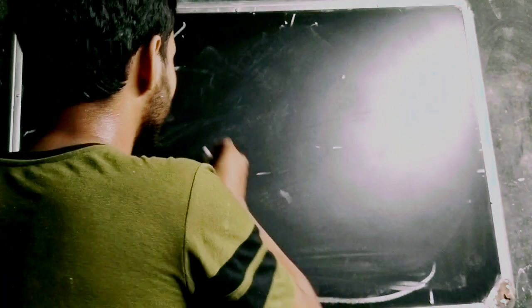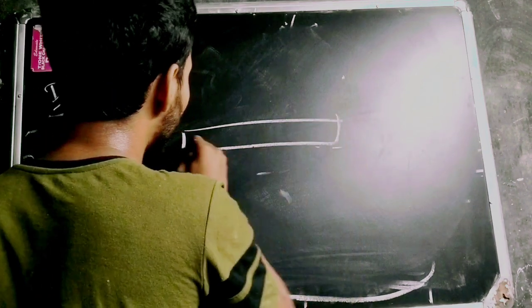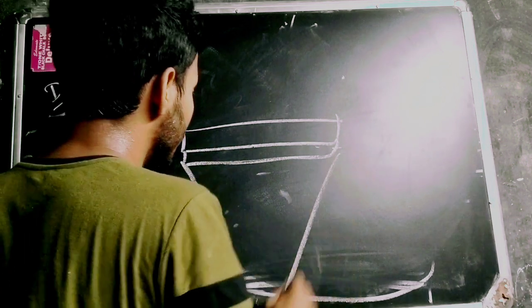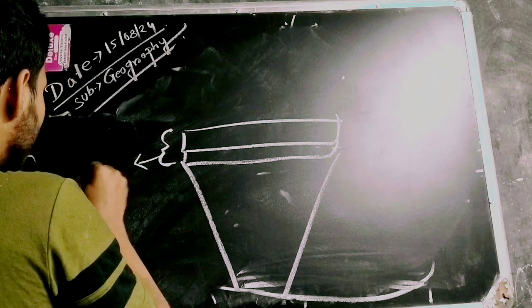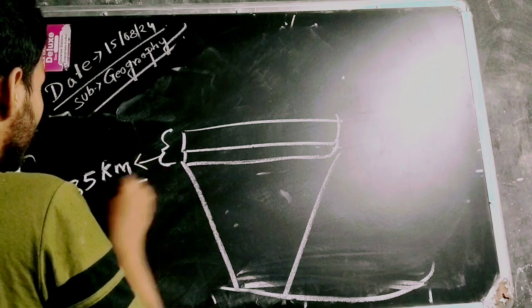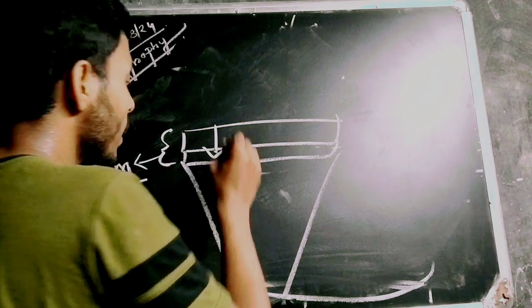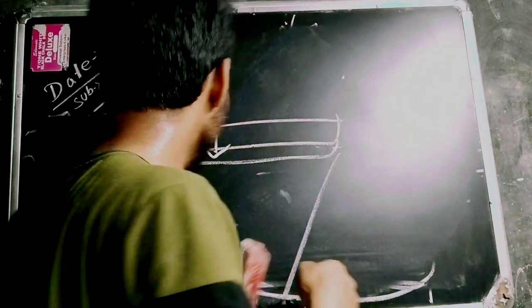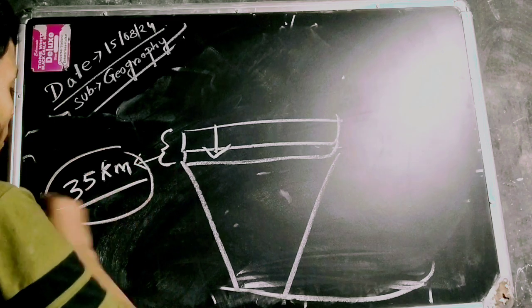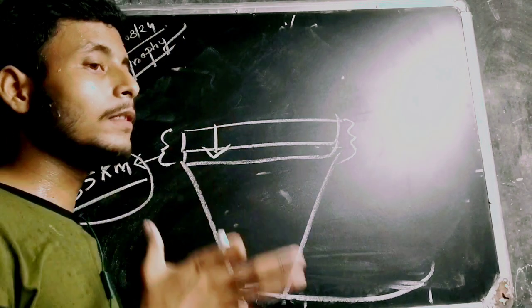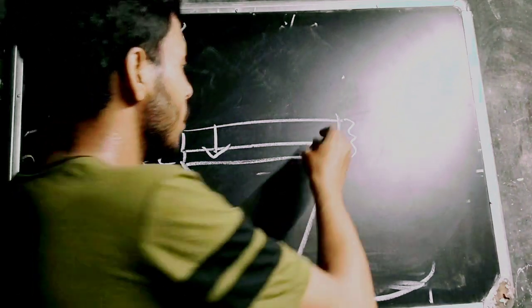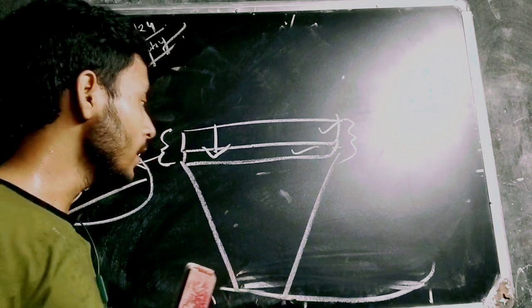What is the depth of the crust? The depth of the crust is about 35 kilometers inside the earth, when we go down vertically. This one is called the crust, the juncture between the oceanic crust and the continental crust.